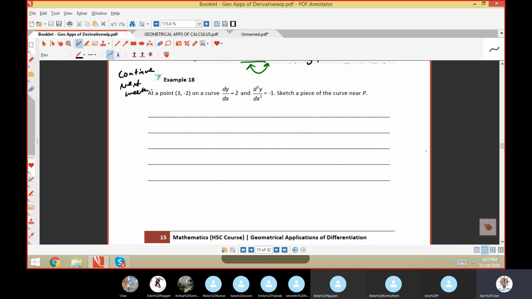First one's the classwork, of course. Second one's the homework. First one, that one there, is the classwork for you. So we're on page 15. Let's see how you guys do with this question.